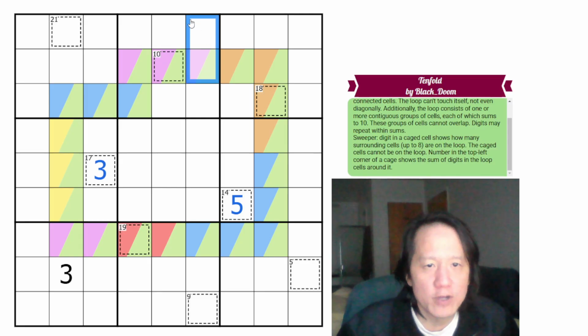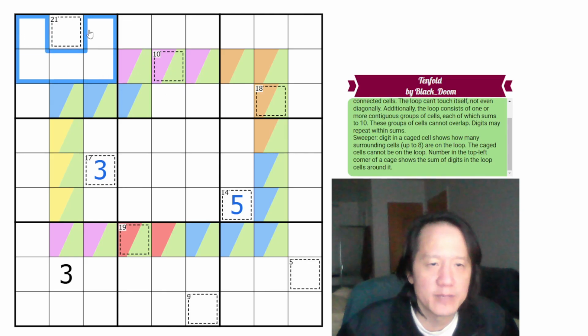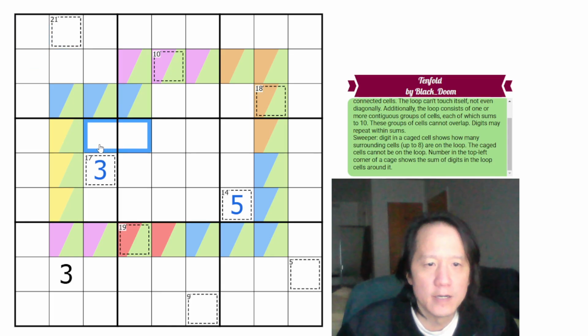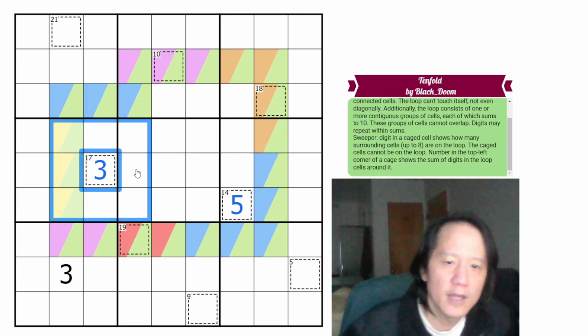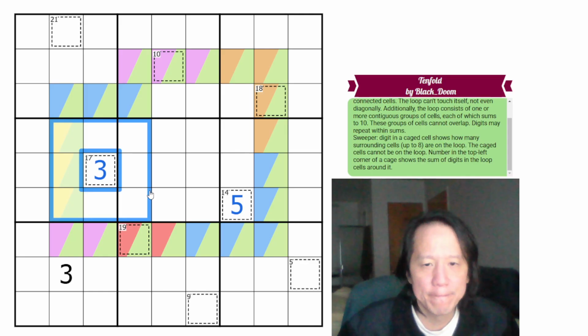Similarly, all the surrounding cells that are on the loop here would have to add up to 10. All the surrounding cells of the loop here would have to add up to 21. Same here, all the surrounding cells on the loop would have to add up to 17, and it continues that way. Anyways, those are all the rules.